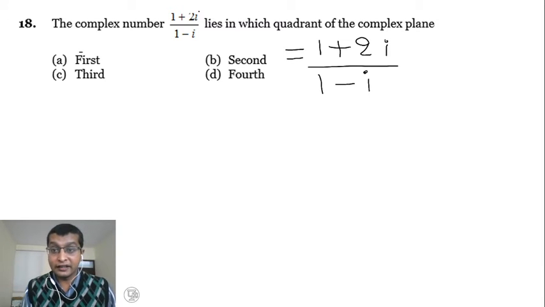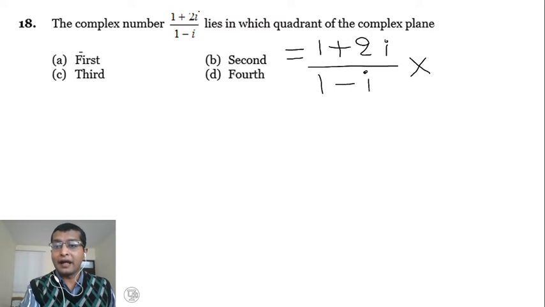Now i is in the denominator. We have to multiply and divide by the denominator's conjugate. After simplifying, we have to analyze which quadrant it is present in. So I multiply and divide by its conjugate, that is 1 plus i, whole divided by 1 plus i.